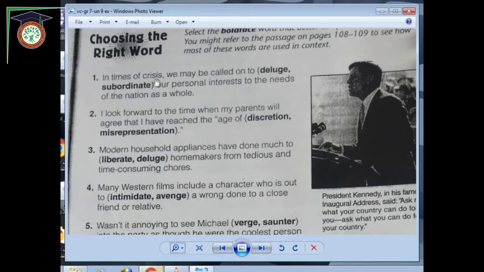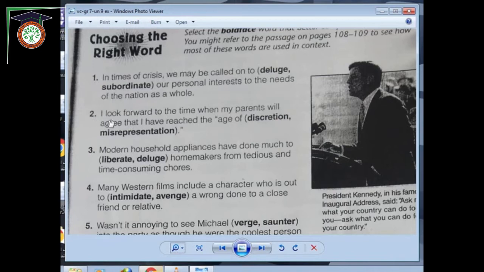You understand this? Which one? We put our personal interest, personal needs under the needs of the nation, or we flood our personal interest to the needs of the nation. Yes, it is subordinate, to make our interest or needs below or under the needs of the whole nation. Yes, this is the correct one. So number 1 is subordinate from the context, from understanding or finding a certain clue word.